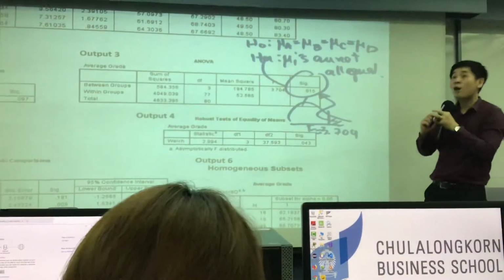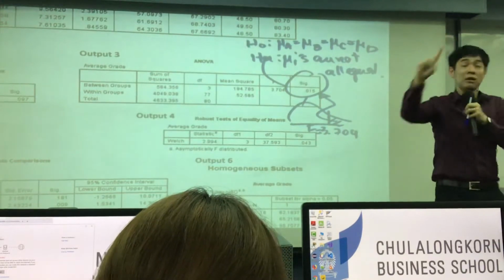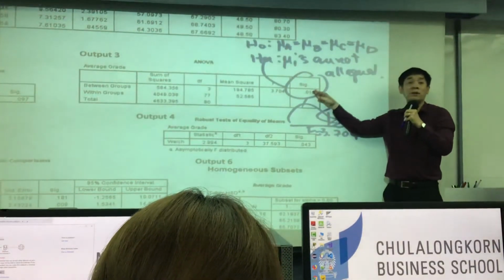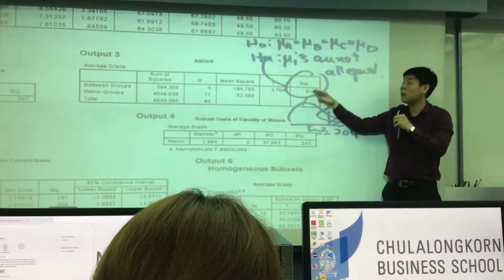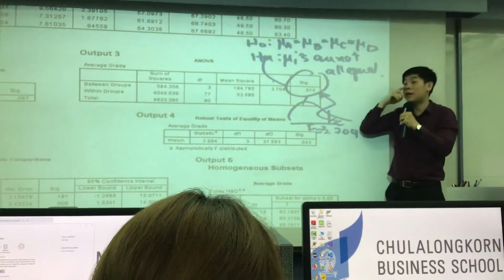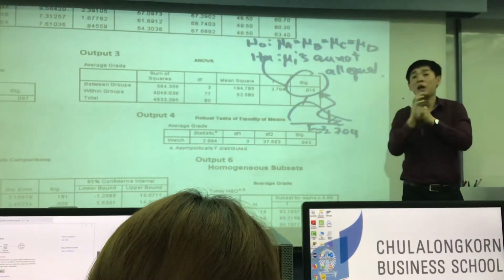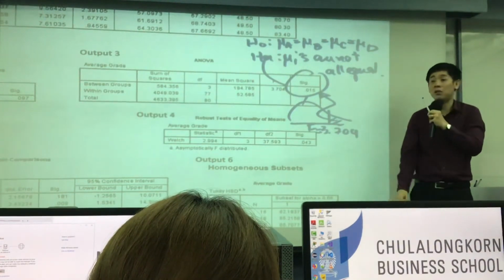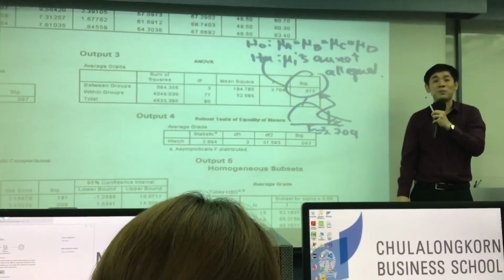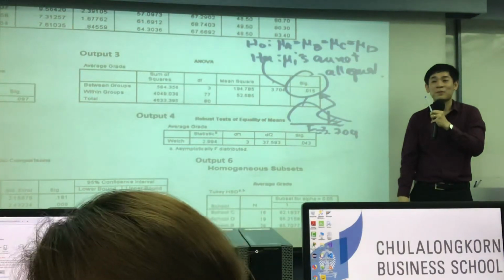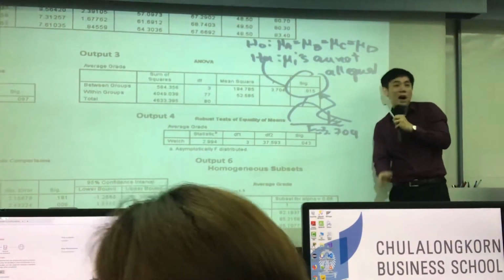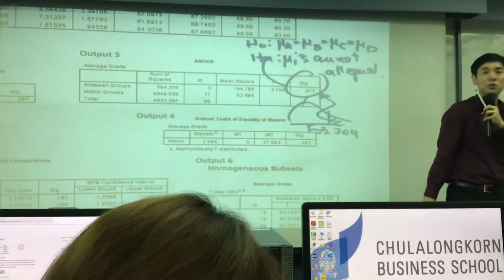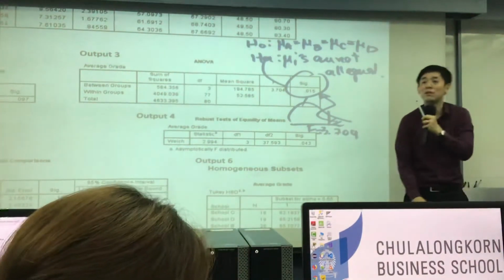If I set alpha to be 1%, is it large or small? Large, right? Can we say that schools are not related to how you are doing in college?